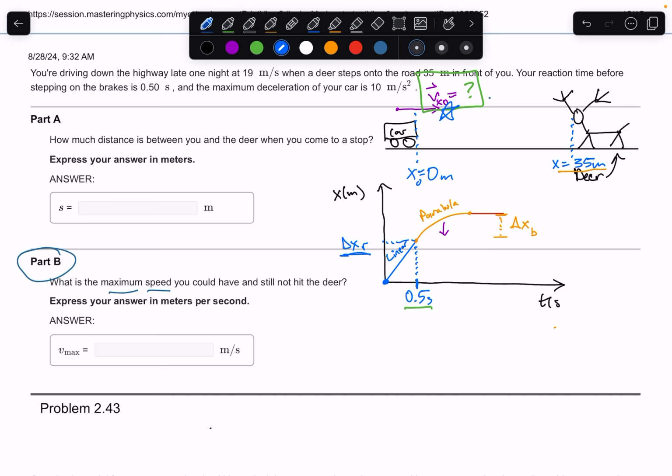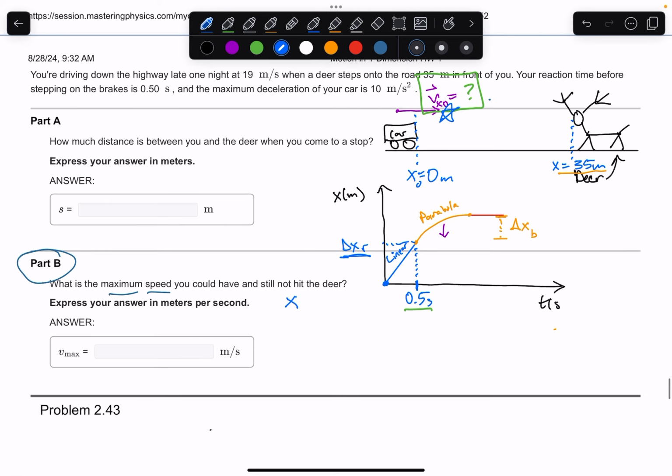So let's start with a kinematic. I've got a position versus time graph here, so I'm going to start with the position versus time kinematic right here in blue. So x is x initial plus vx initial t plus 1/2 acceleration times time squared. This kinematic applies to both sections, the reaction time and the braking time.